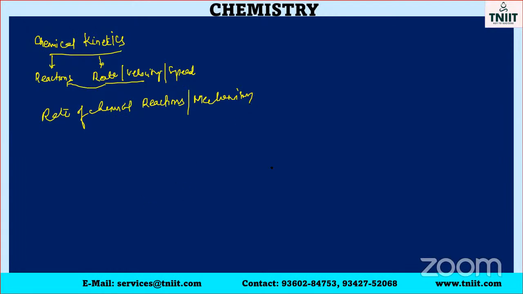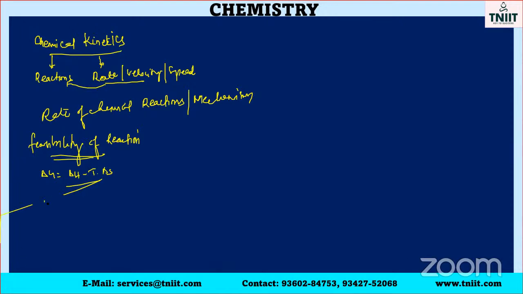And we also can learn or predict the feasibility of the reaction. Feasibility of the reaction can also be learned from the chapter chemical kinetics by using the Gibbs free energy concept. Delta G is equal to delta H minus T into delta S. Based on this, this is a thermodynamic factor which predicts the reaction to be spontaneous or non-spontaneous.